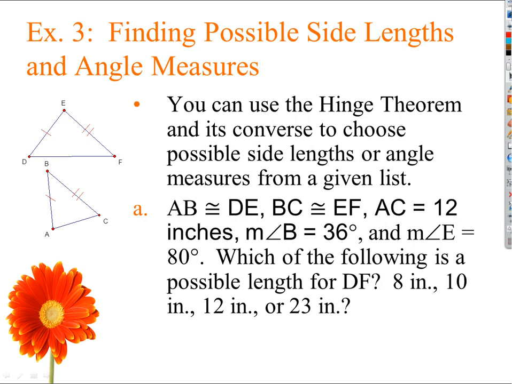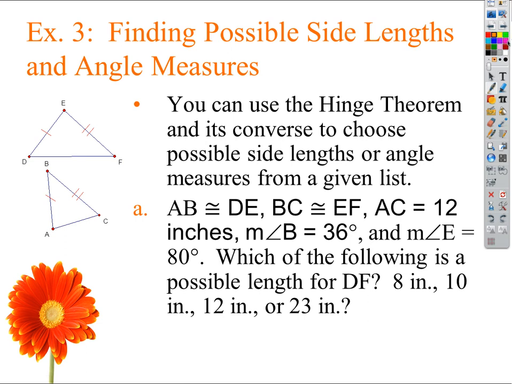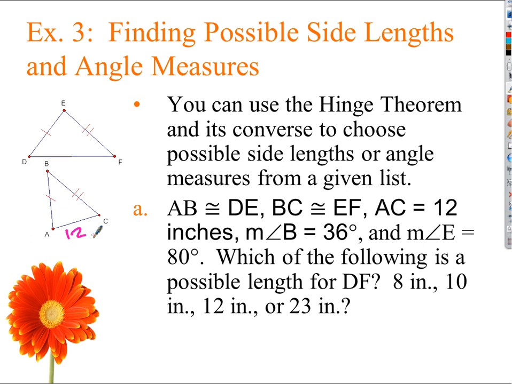So if we said something like, let's say that we knew AB was congruent to DE and BC was congruent to EF, and let's say we knew that AC had a length of 12, and the measure of angle B was 36 degrees, the measure of angle E was 80 degrees, what could you tell me about the length of DF? Which of these possible lengths would work? 8, 10, 12, or 23?